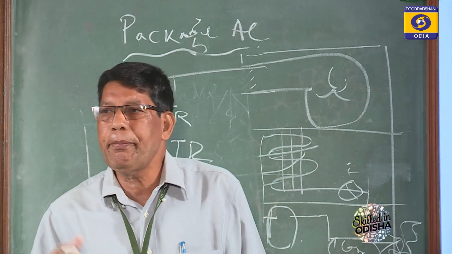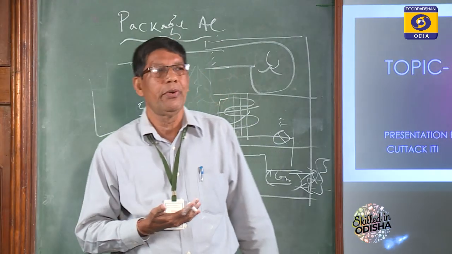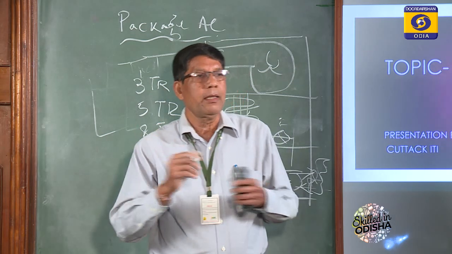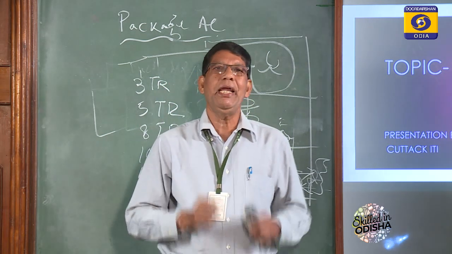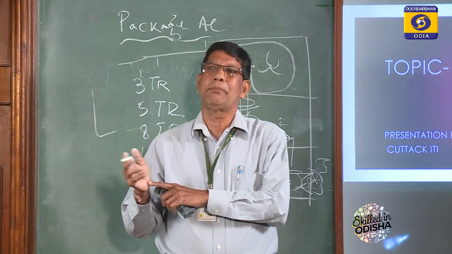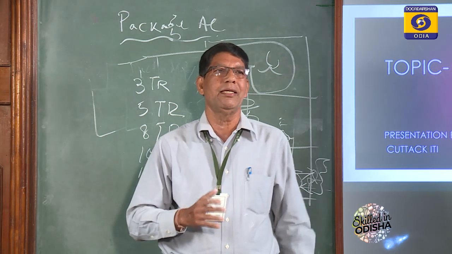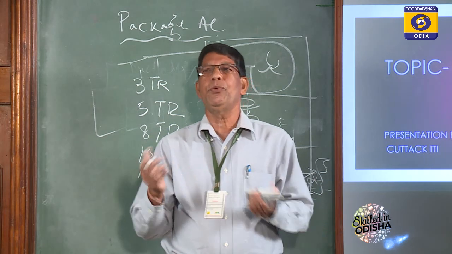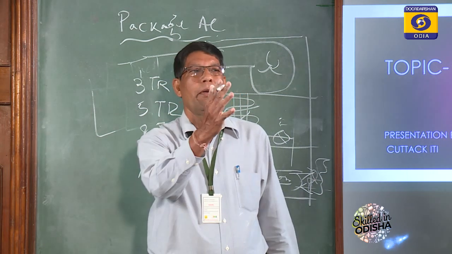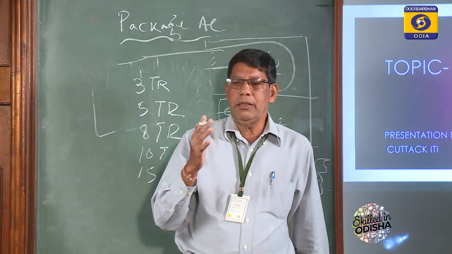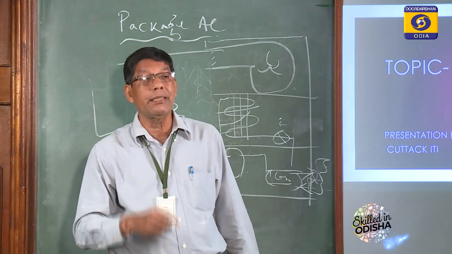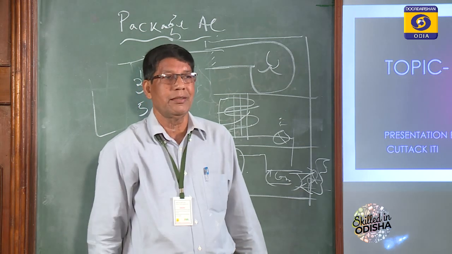If we use package units, there is only one unit. If we use split AC, its capacity is 1.5 to 2 tons, so we will use 8 ACs, whereas in package AC we use only one AC.